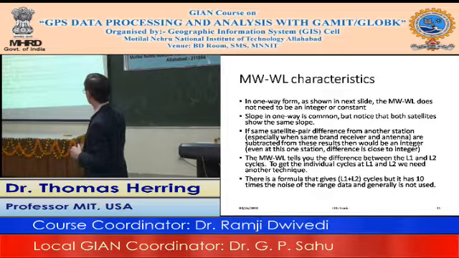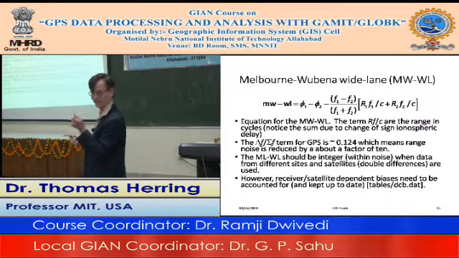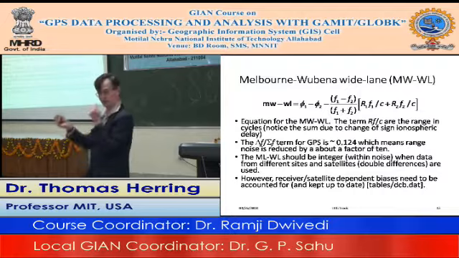So the basic formula for this equation, we saw this earlier actually, is just the difference between the L1 and the L2 phase, minus the difference in the frequencies of L1 and L2 divided by the sum of the frequencies, times the sum of the pseudo ranges. This is the L1 range expressed as a phase, and this is the L2 shown as a phase. What's interesting is you add the pseudo range values together, and it sounds very counterintuitive, right?